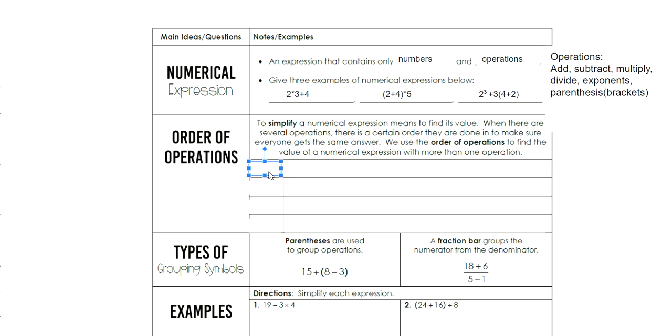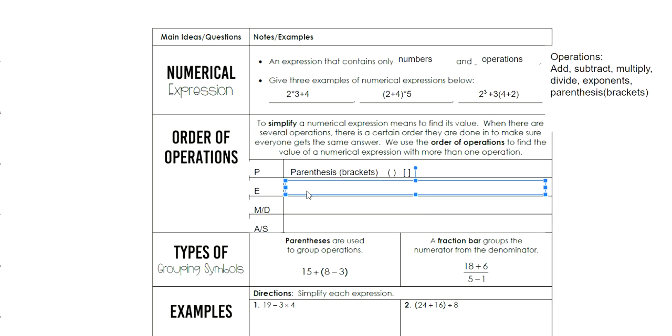Now order of operations, it's called PEMDAS. P-E-M/D-A/S, okay? So basically it's parentheses. Again, like I said, they could be brackets. So parentheses are like this, brackets are like this, okay?